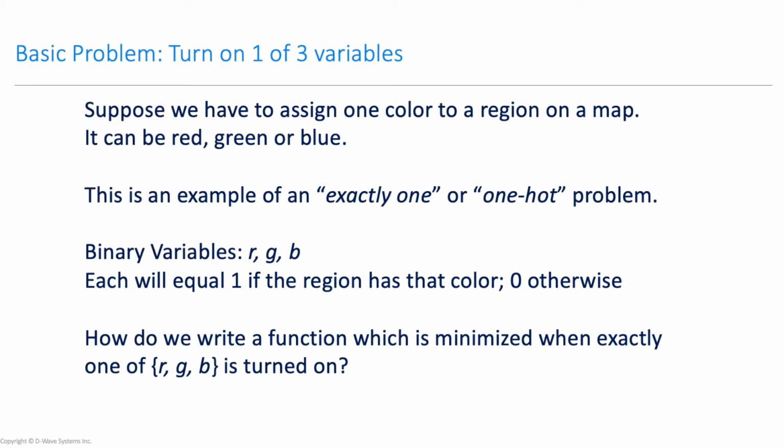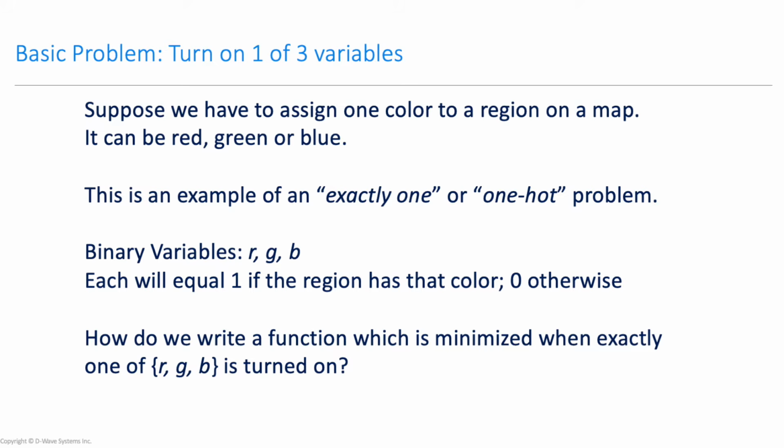But how do we write a mathematical function which is minimized when exactly one of R, G, and B is turned on? You might remember from the previous unit that we always look for an objective function to minimize, something that mathematically the computer can seek out solutions for and find the lowest energy.